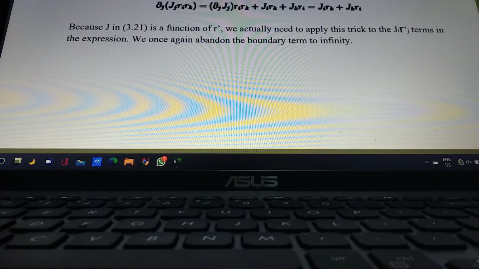We once again abandon the boundary terms to infinity.